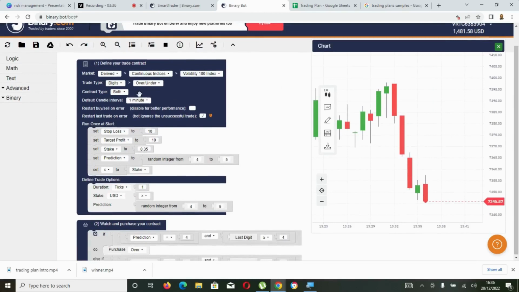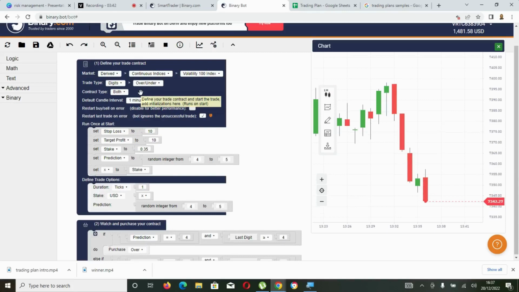Now, when you're doing your trade on every single day, you should always include a stop loss. Why? Because failure to have a stop loss will be quite risky, because the stop loss will automatically stop at the amount you feel you can be able to lose on that particular day.